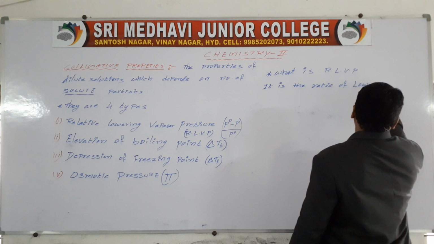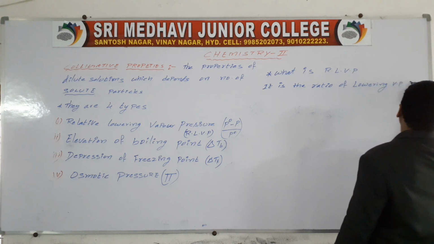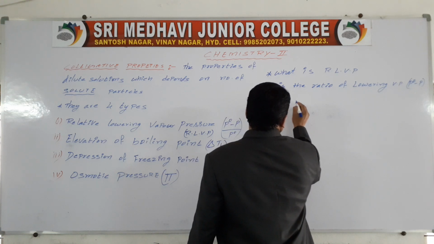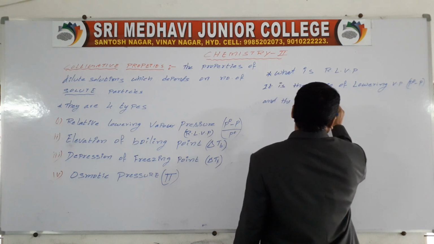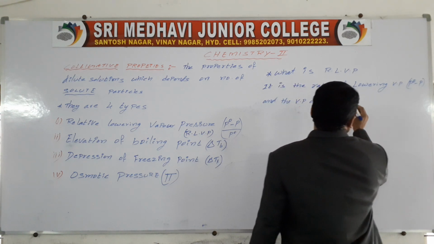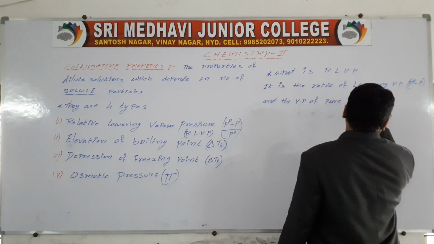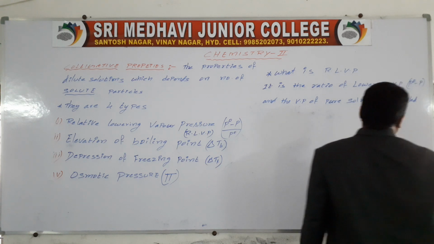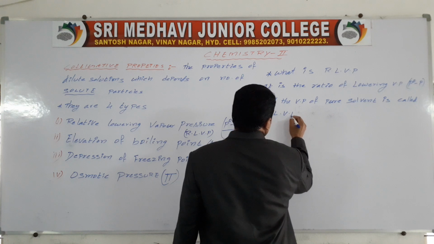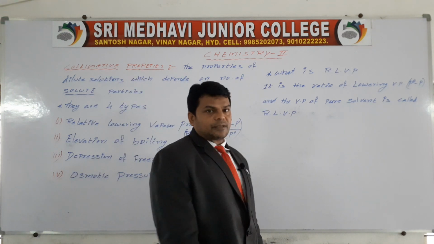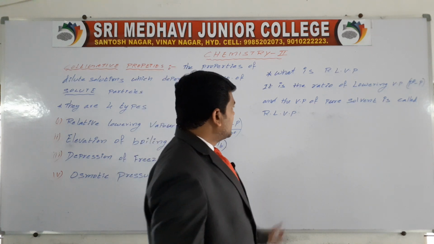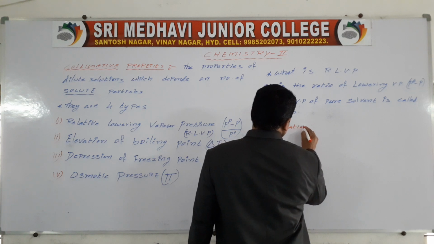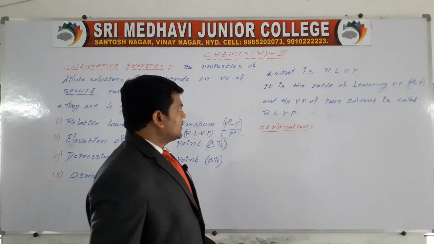It is the ratio of lowering of vapor pressure, which is P naught minus P, and the vapor pressure of the pure solvent, and this is called RLVP, relative lowering of vapor pressure. See the explanation here.